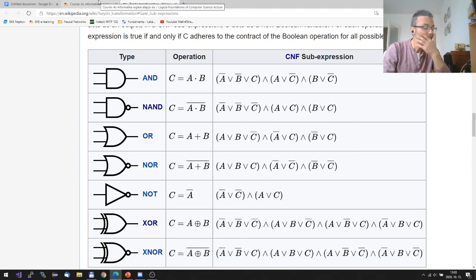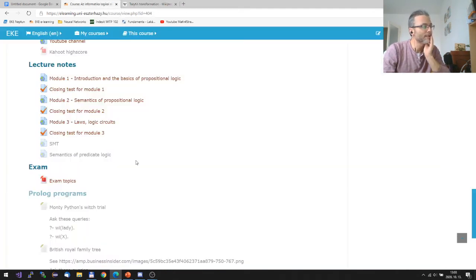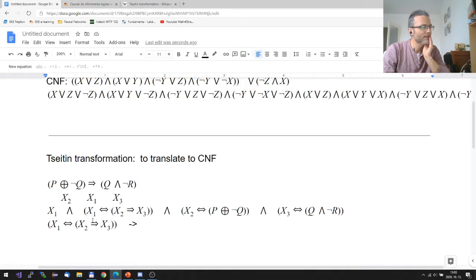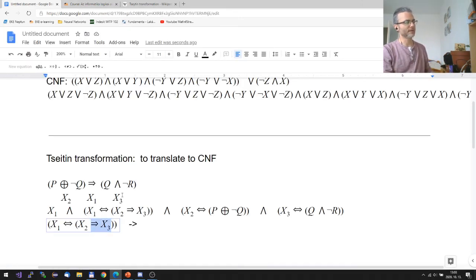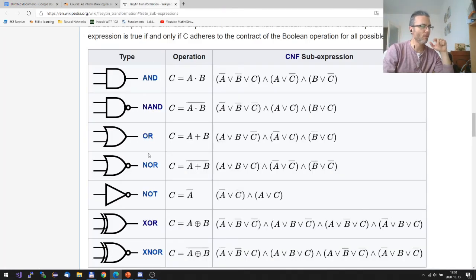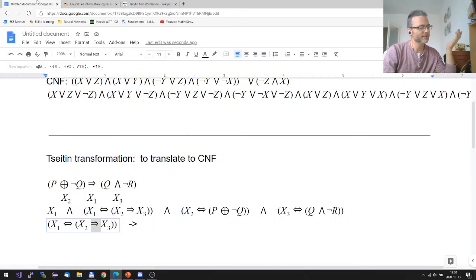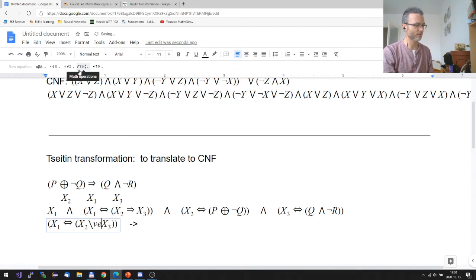Here, the problem is that we don't have a row in the table which is about how to transform an implication. I only have AND, OR, XOR, and so on. But of course, this is not a problem because you already know we can easily transform an implication to a logical OR, right? Like this.